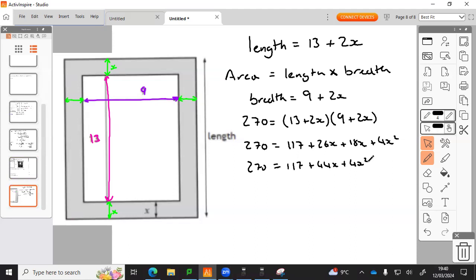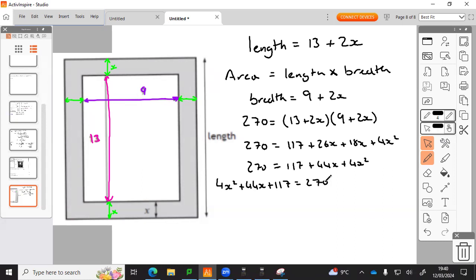Now the 4x squared and everything's on the wrong side for me. So I'm going to flip it round. I'm not going to do anything to the equation, I'm just going to flip it so everything's on the right side. So 4x squared plus 44x plus 117 is equal to 270.